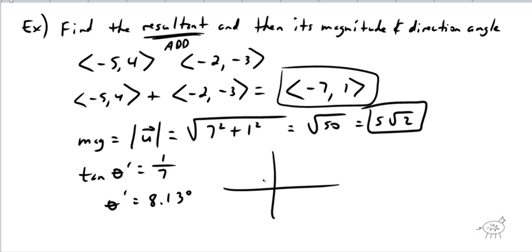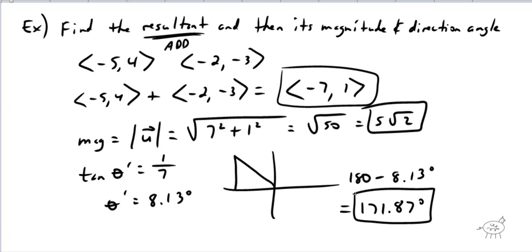And then you say, well, where are we located? Negative 7, 1 is in the second quadrant. So we're going to say 180 minus 8.13 degrees, which gives us 171.87 degrees. Okay, and that is our angle. All right, cool. So it's really pretty easy to do that.